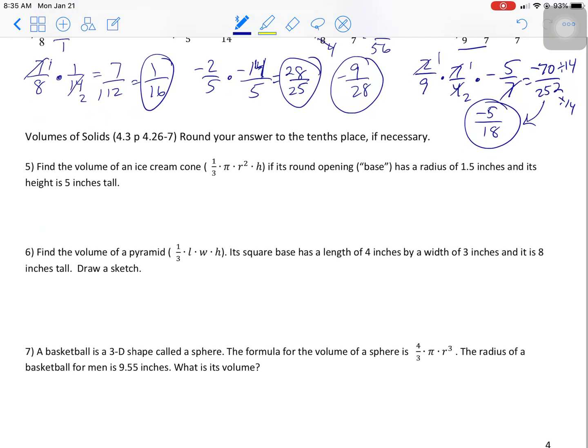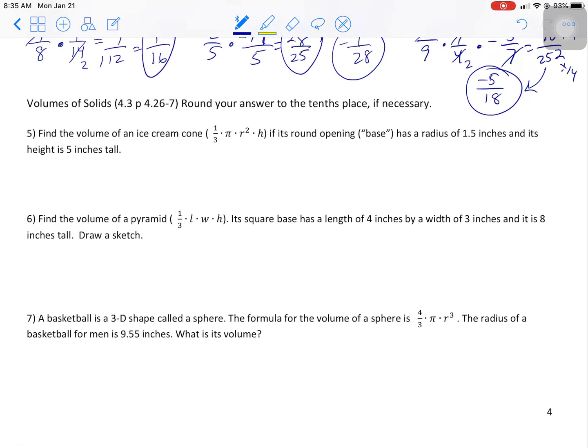All right. Let's do some more practice with volumes of solids. So find the volume of an ice cream cone. There's the formula for the volume of an ice cream cone. That is sort of an ice cream cone.